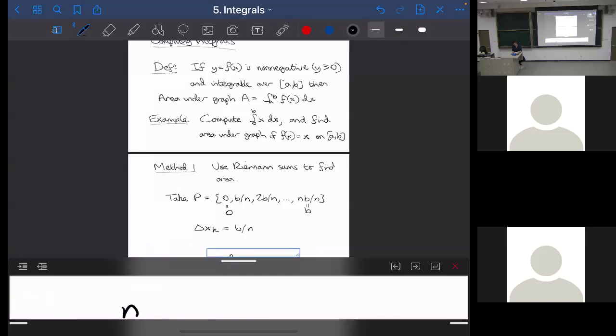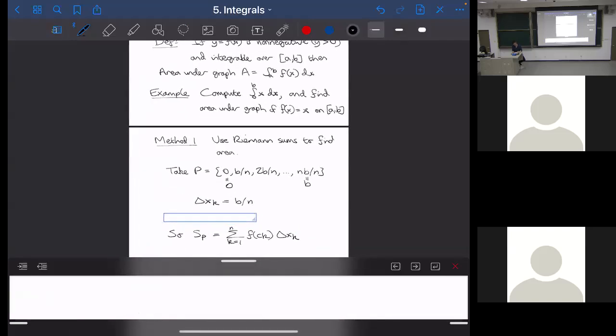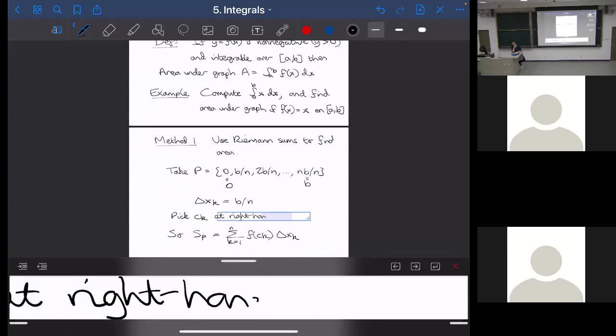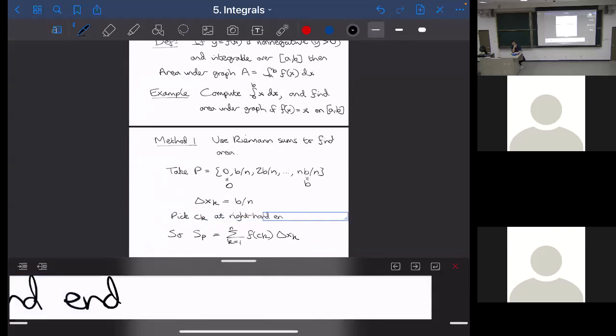And I'm going to pick my c_k to be at the right-hand end of each interval.